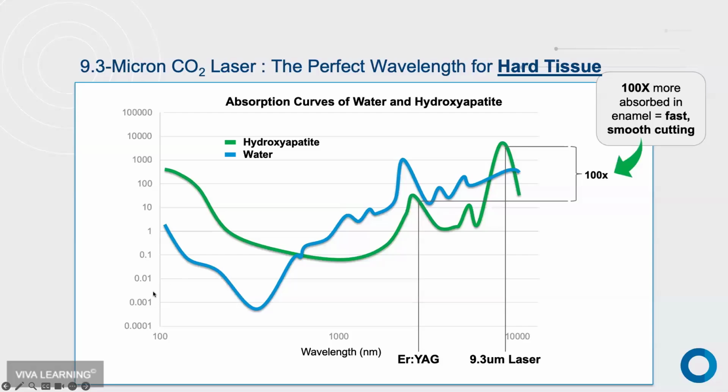Up the y-axis, you see the absorption of that particular wavelength. Down in this area with the blue line is the visible spectrum. What the blue line represents is the absorption of the wavelength by water. So you can see that if I shine visible light at water, it doesn't absorb very well.